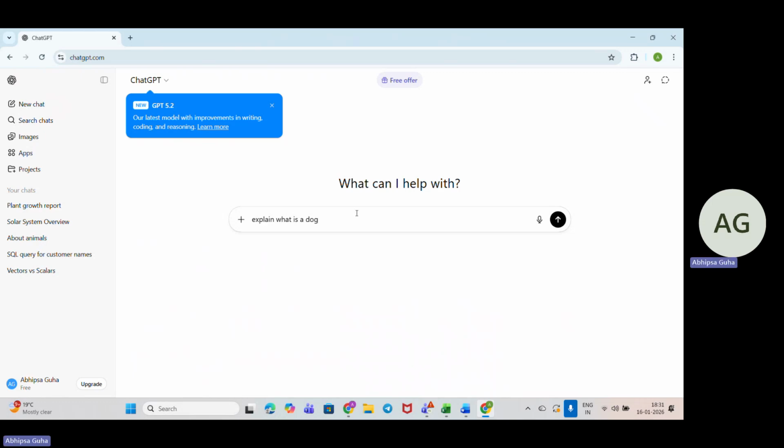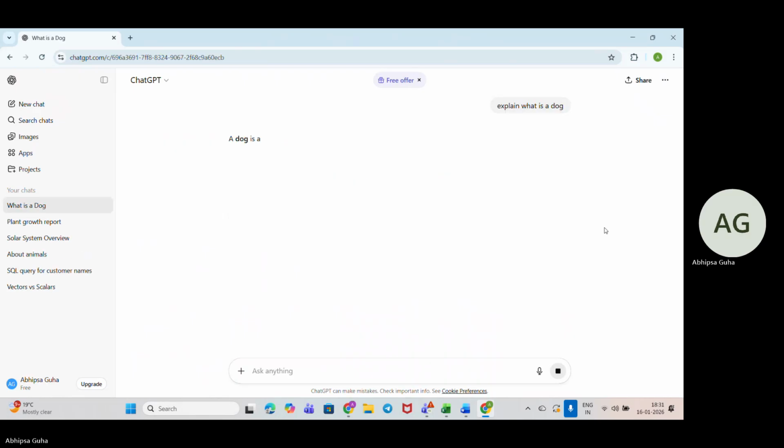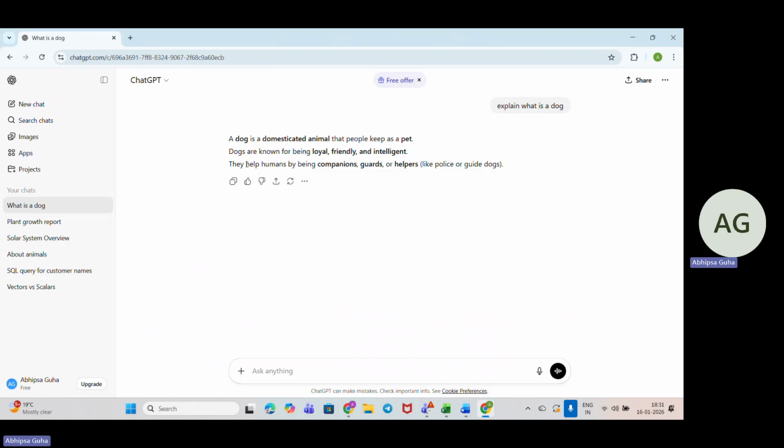Now you can see what ChatGPT has given: a dog is a domestic animal that people keep as a pet. Dogs are known for being loyal, friendly, and intelligent. They help humans by being companions, guards, and helpers, like police or guide dogs. This is what it has given, right?